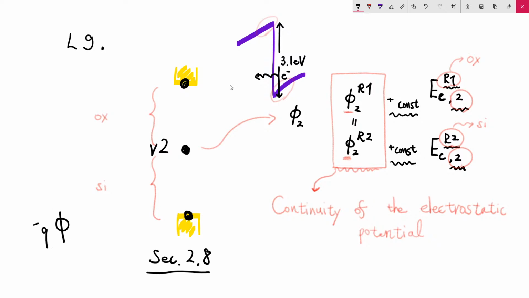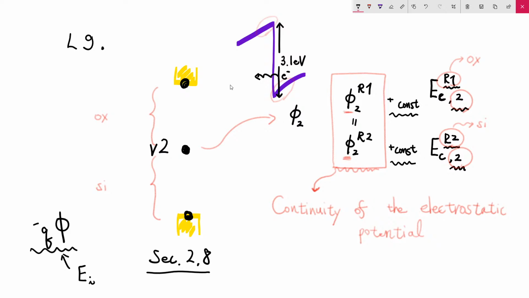When you multiply by minus Q, this usually refers to the intrinsic level of our reference material, which is usually a semiconducting material, in our case silicon.